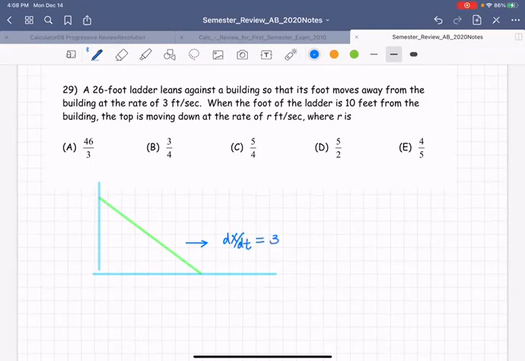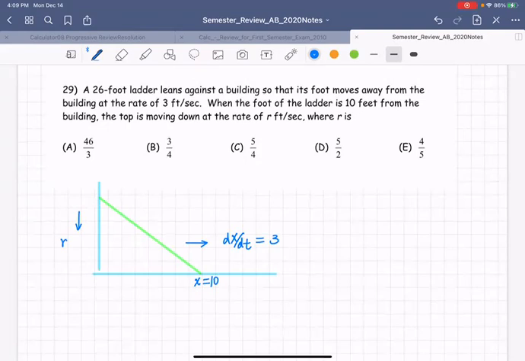When the foot of the ladder is 10 feet, that means x equals 10. The top is moving down at the rate of r feet per second, right? Okay, moving down.